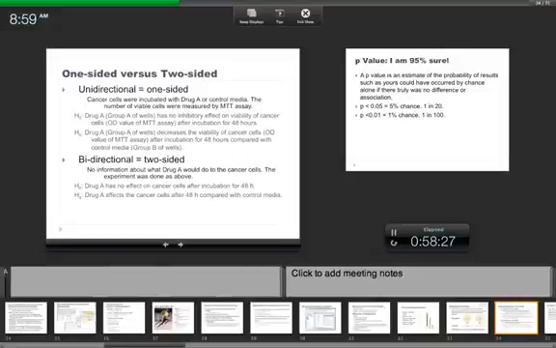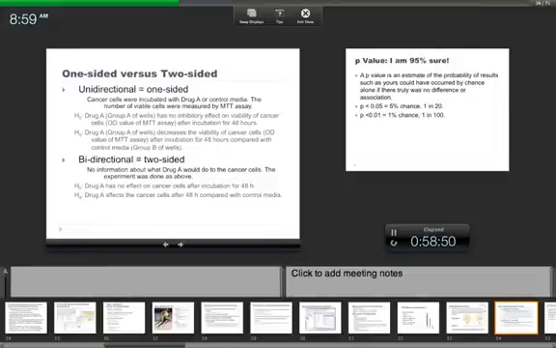Okay. So compare and contrast this one-sided analysis with the bidirectional analysis, the two-sided analysis. In the two-sided analysis, you're assuming no information about what drug A would do to the cancer cells. So you don't know. All we know is it's a drug.